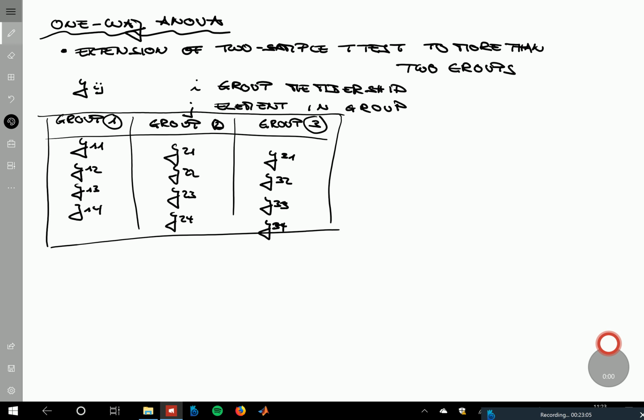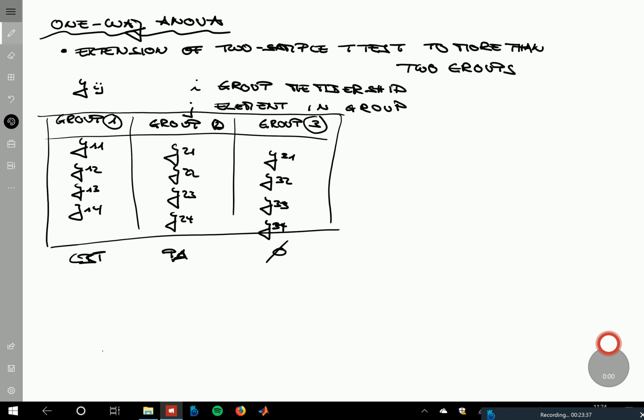So you should think that these are readings from, let's say, individual rats that were exposed to certain medications, or participants that were treated with different forms of cognitive behavioral therapy, or let's say this was cognitive behavioral therapy for depression, this was psychoanalysis for depression, and this was nothing, or whatever, yeah?